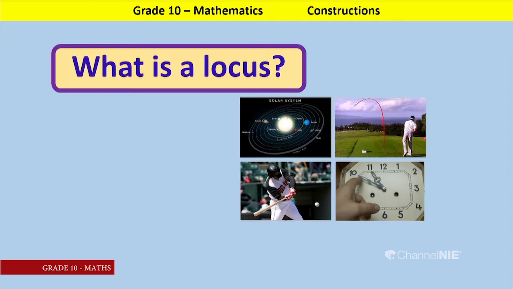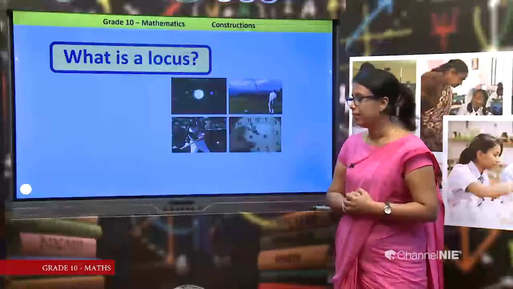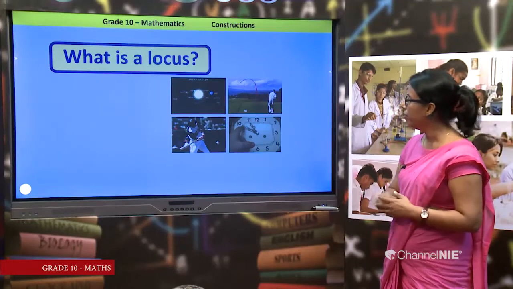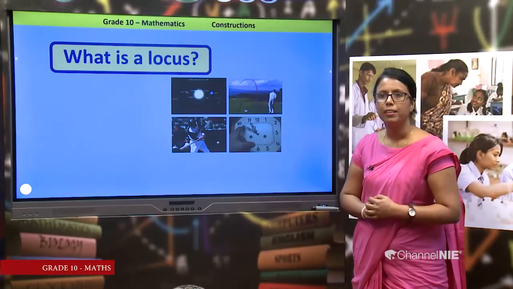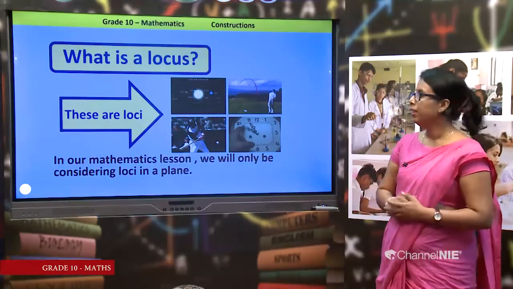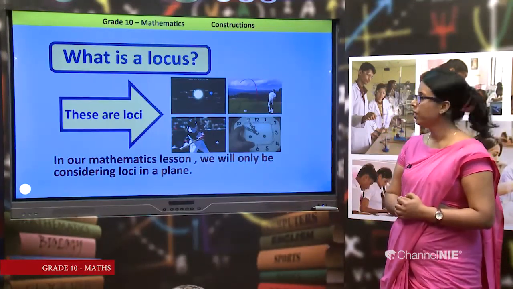Let's see some examples. A path of a planet orbiting around the sun. A path of a ball that is thrown upwards. The path of a ball that is hit by the bat. The path of a pointed end of a clock hand. These are loci.